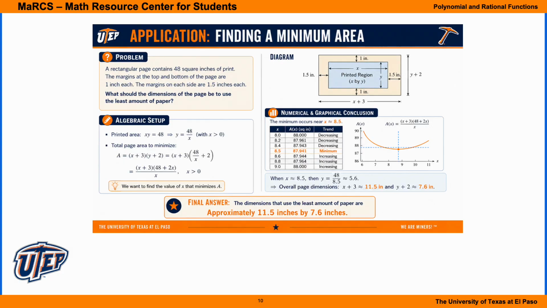So plugging in those values, we see that the overall page dimensions will be 8.5 plus 3 is equal to approximately 11.5, and y plus 2 will be equal to approximately 7.6, and we said that our y was equal to 5.6. So 5.6 plus 2 gives us 7.6 inches. So the dimensions that use the least amount of paper are approximately 11.5 inches by 7.6 inches.